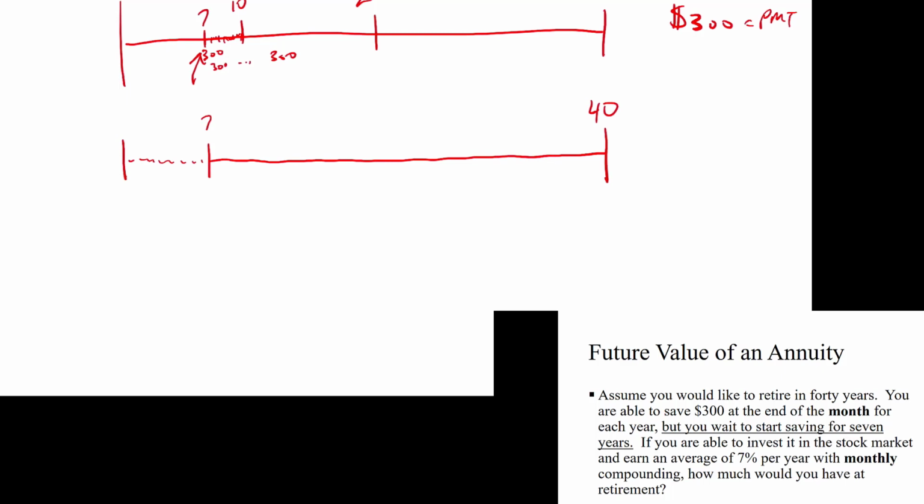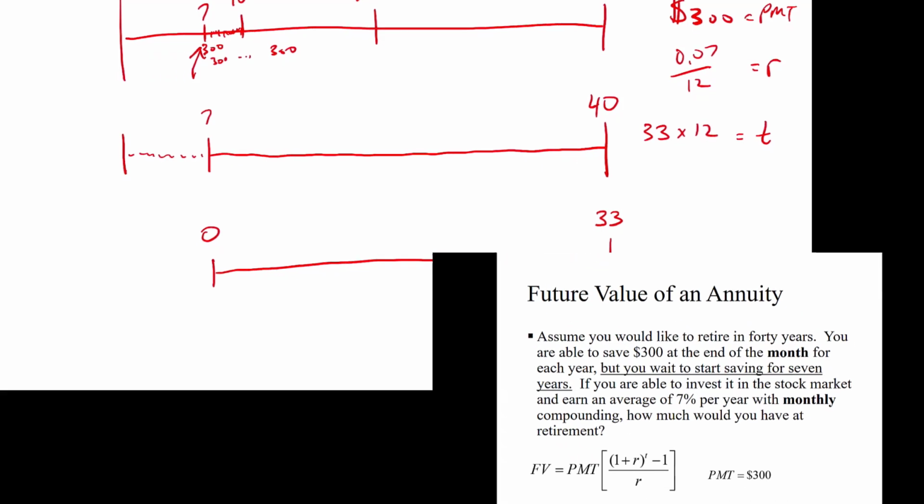In the previous examples, the first month that we saved, we had an opportunity to earn compound interest for 40 years. In this case, because we're waiting 7 years but still retiring in 40 years, that first payment only has an opportunity to earn interest for 33 years. And so without calculating any numbers, we would expect this value to be lower than our previous example.